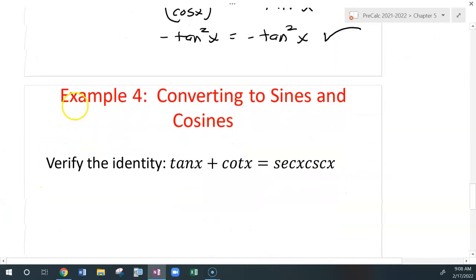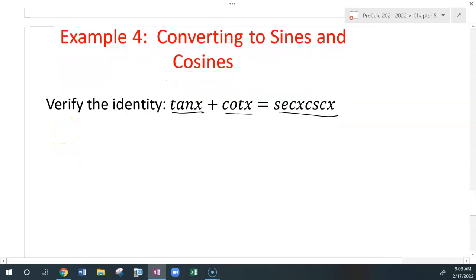Now here's an example where we're going to want to convert to sines and cosines first. So check this out. I have tangent and I have cotangent equals secant times cosecant. So let's convert to sines and cosines first. So tangent of x, that's sine x over cosine x.